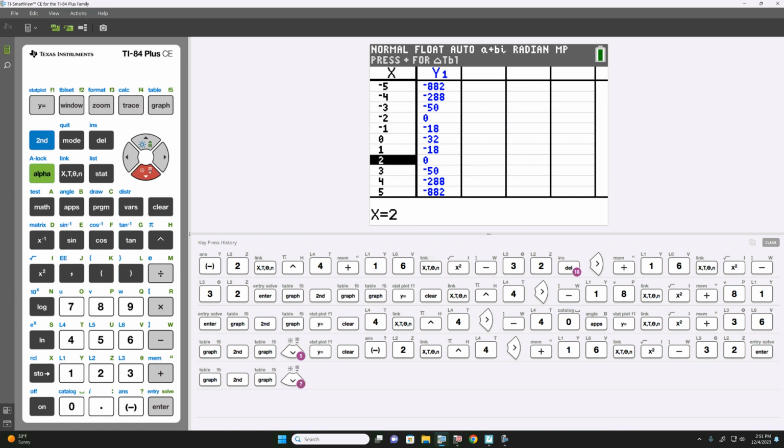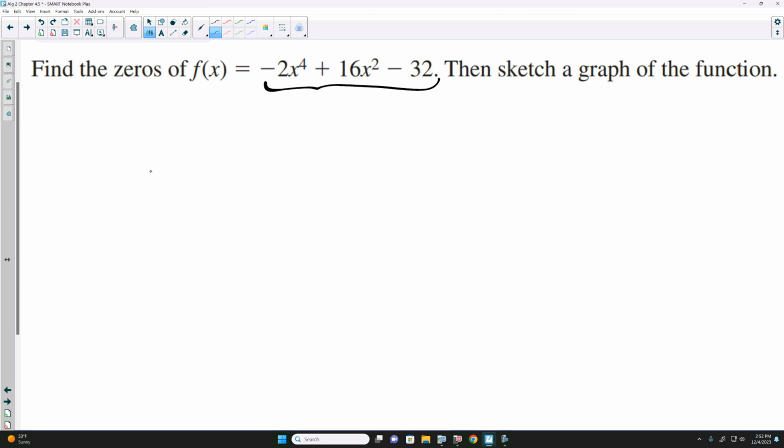As we look at this, we do see two values, because when we graph, we're trying to find out what values of x will make the y value be 0. So one of the x values is 2, and the other is negative 2. So x is equal to 2 and x is equal to negative 2. Those are two of our solutions.